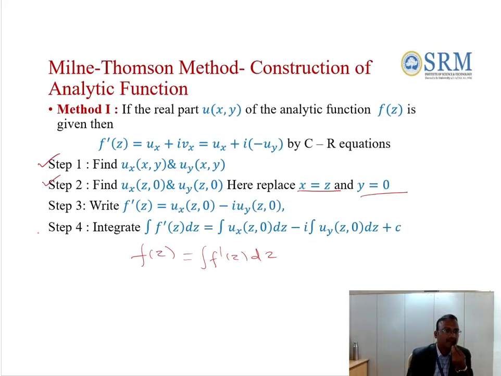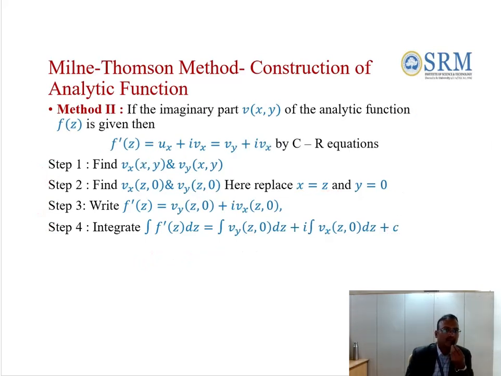That is your step number 4. So integrate f'(z) with respect to z, then you will have the integral of ux(z,0) dz − i times the integral of uy(z,0) dz plus the integrating constant c. If you integrate this, we will get the function f(z).